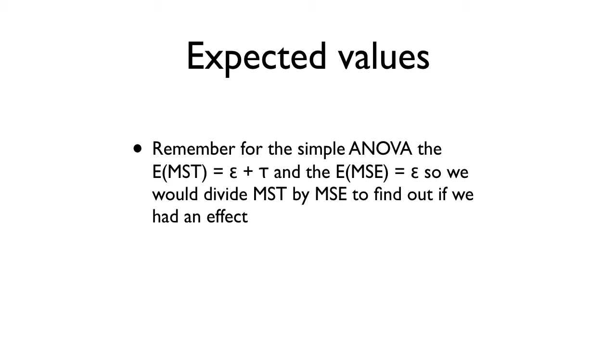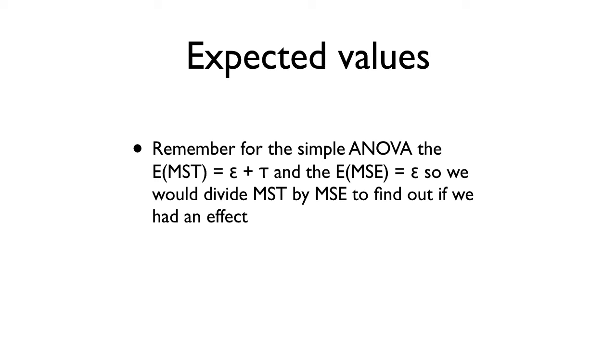With the one-way analysis of variance, the expected value of mean squared treatment is in essence treatment plus error, and the expected value of mean squared error is just error. Okay? So we could then take mean squared treatment divided by mean squared error, and what that allows you to do is isolate the treatment effect. So we just divide mean squared treatment by mean squared error to find out if we have an effect. That's how it basically works with the one-way analysis of variance.